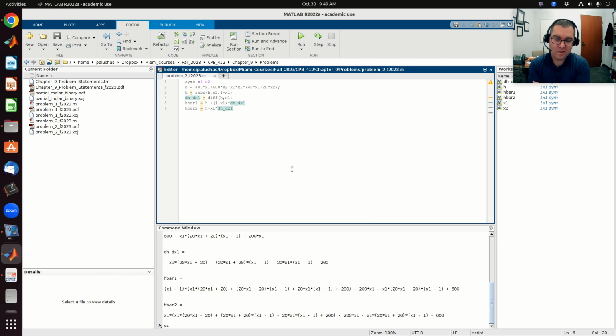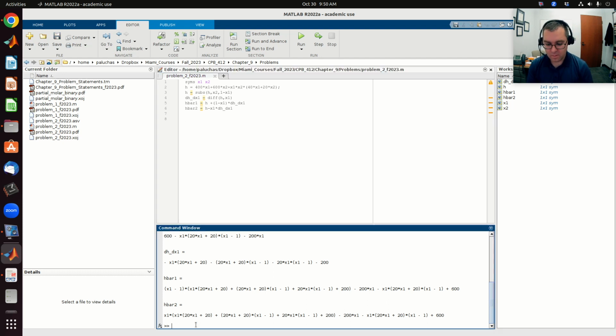All right. If I wanted to try and simplify, I could. Pretty sure there's a simplify function. I've got to try and recall, because there's an expand and then there's a simplify.